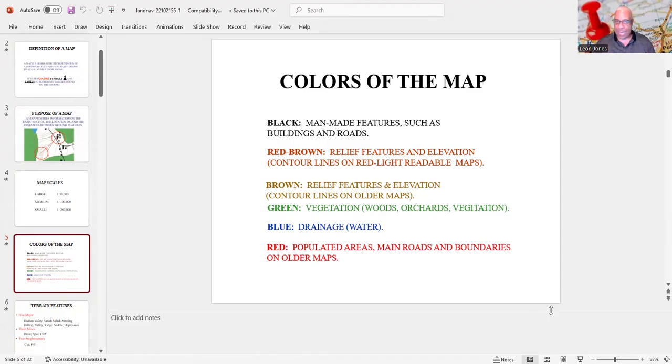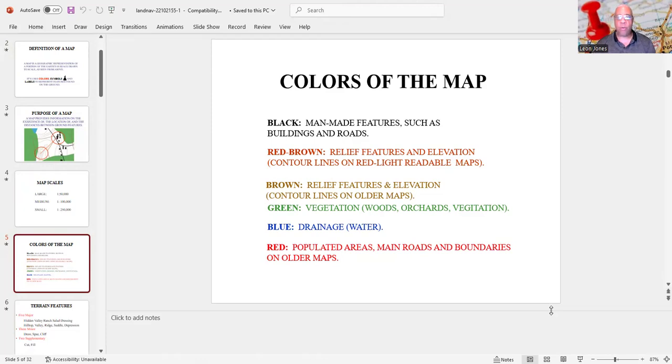So when you have black, generally you have man-made features such as buildings and roads. Red and brown, relief features and elevation. I just mentioned contour lines. Brown, relief features, and elevation, contour lines on older maps.